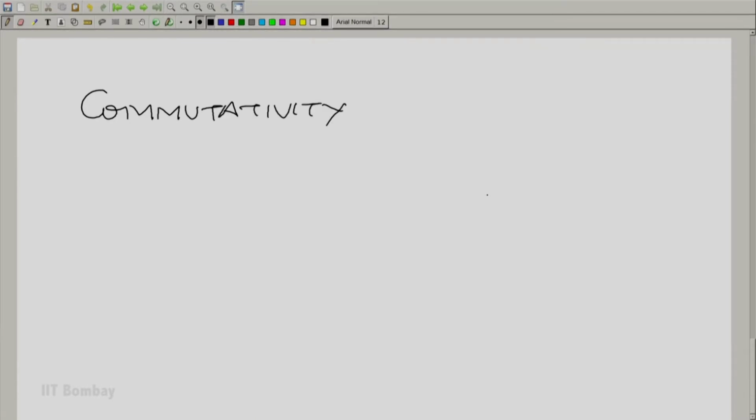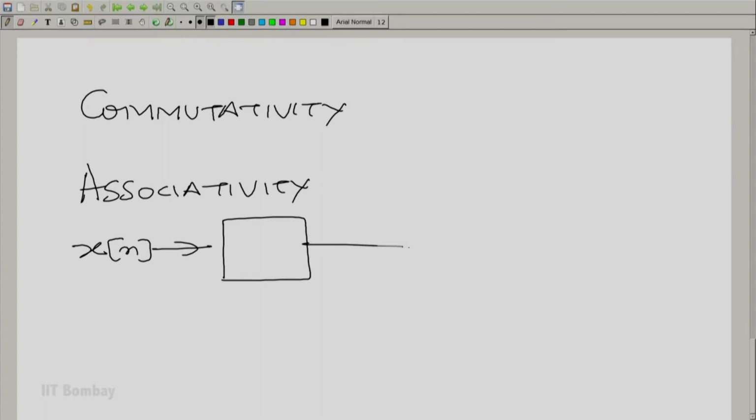But before we ask what commutativity means, let us ask what associativity means. So, let us consider a sequence x[n] being given to two systems one after the other, x[n] or x(t). Remember, we are treating continuous and discrete systems together.